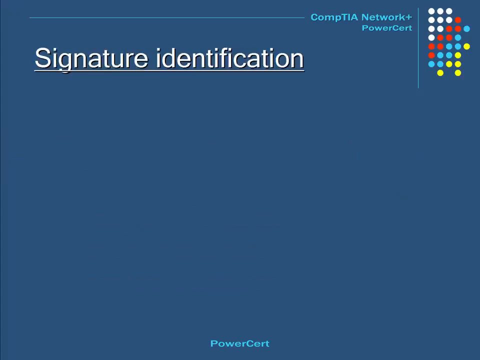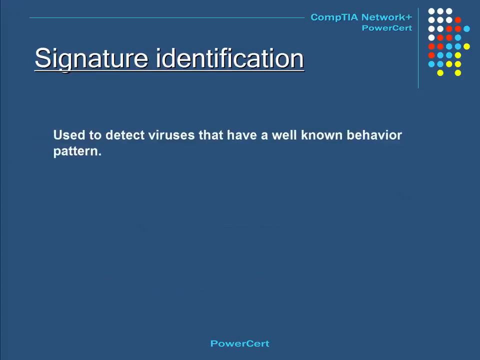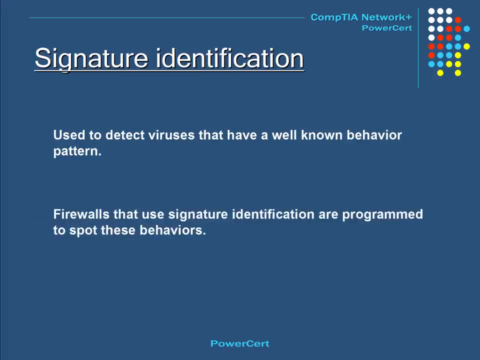Another type of filter is called signature identification, and this is used to detect viruses that have a well-known behavior pattern. Certain viruses and malware have a common behavior, and firewalls that use signature identification are programmed to spot this behavior. And once it's spotted, it takes action to block the intruder.